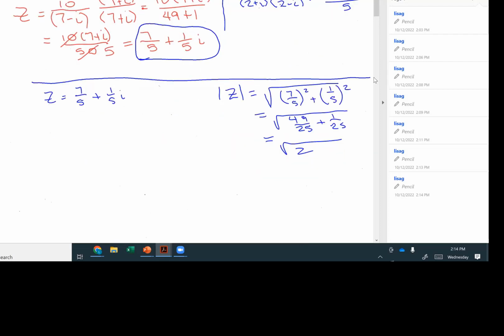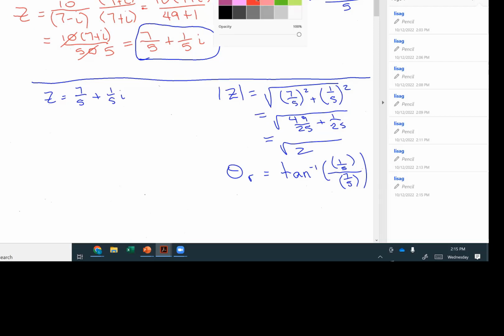Now we have that theta sub r, remember this is my reference angle, is going to equal the inverse tangent. Always use the positive value, but this is already positive, of 1/5 over 7/5. I can cancel the 5s, or however you do your math on fractions.